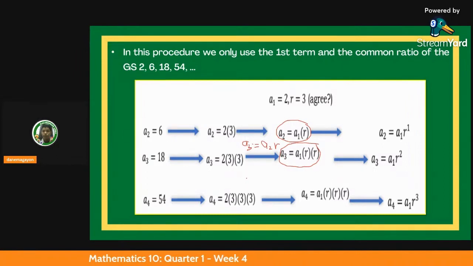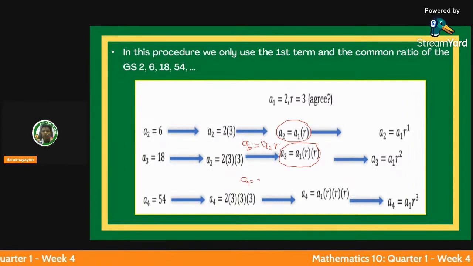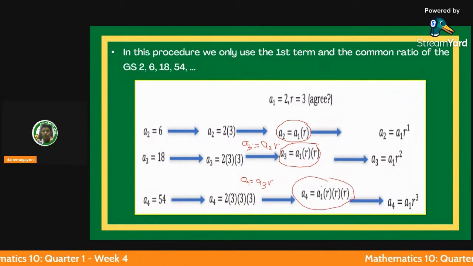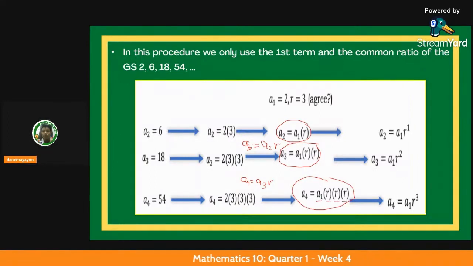Then for a sub 4 naman, di ba yung usual natin, we have a sub 4 equals, we have a sub 3 times r. Dito sa case natin, instead of using this, we will use a sub 1 as one of the factor. So meron tayong a sub 1 times r times r times r.